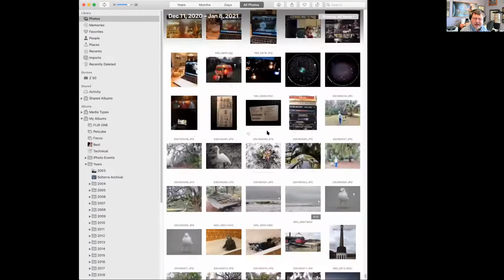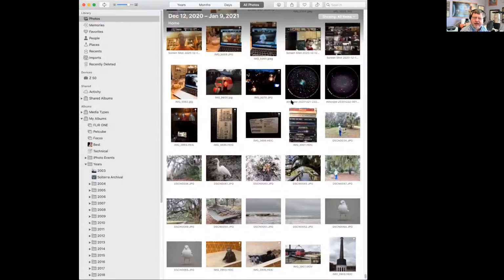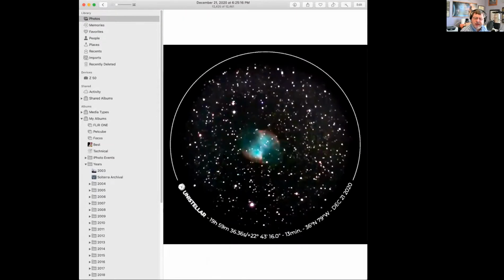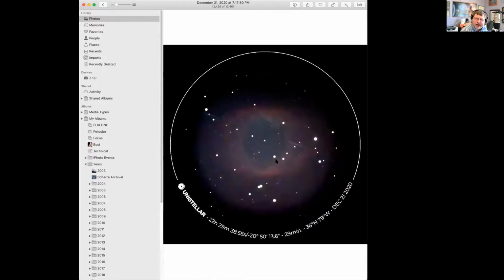Oops, sorry. Yeah, here we go. There's a better photograph of the Dumbbell Nebula, and I took this just before Christmas. And then here is another planetary nebula, and this is called, not surprisingly, the Ring Nebula. Okay. So let's go back to the keynote.